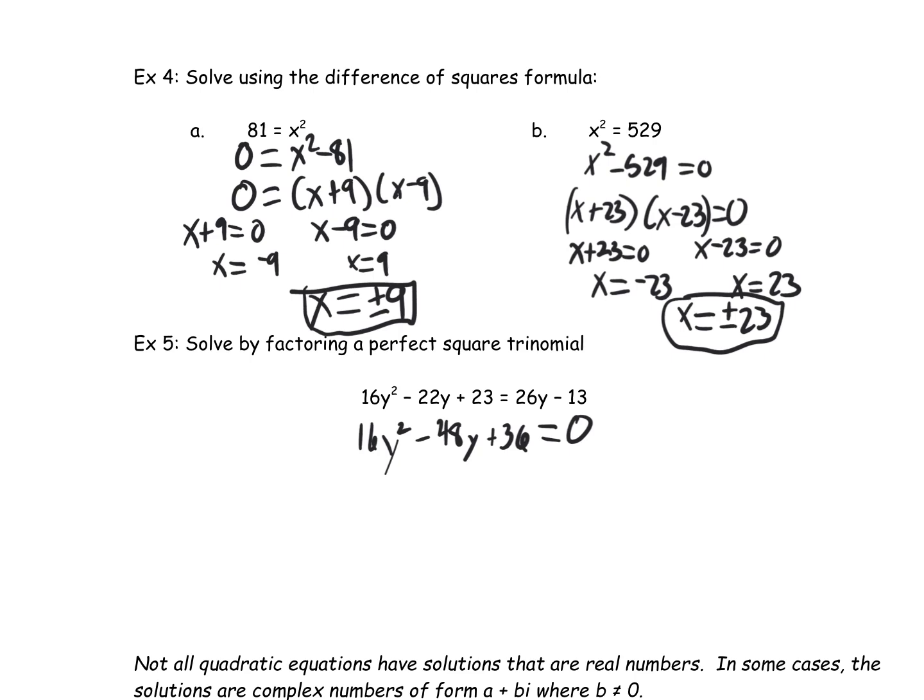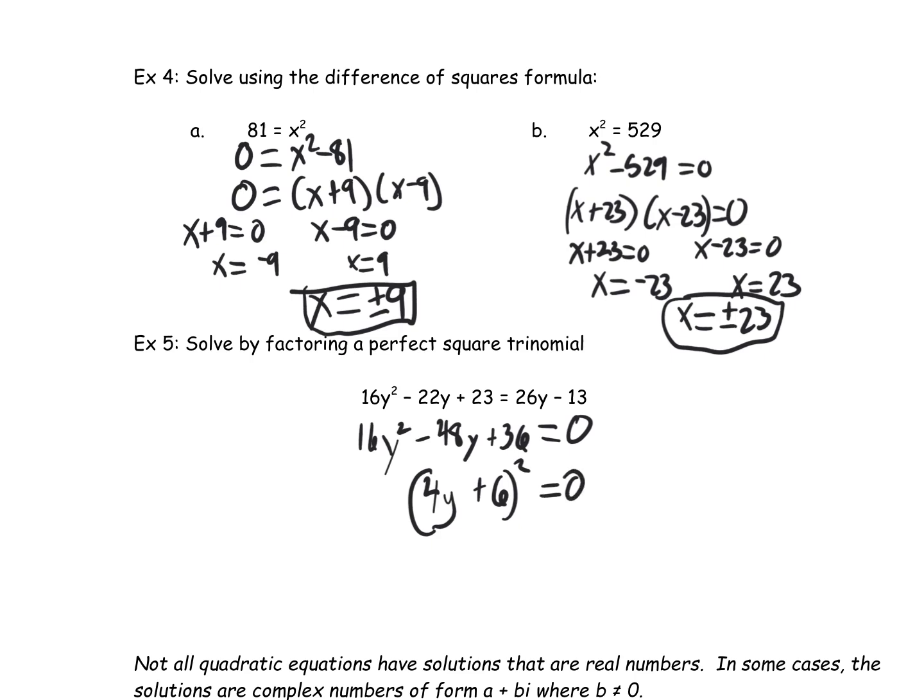So what we're going to do is factor this out. We're going to take the square root of the first one, so 16y squared is 4y. Square root of the last term, 36, and that is our term there. 4y plus 6 squared equals 0.